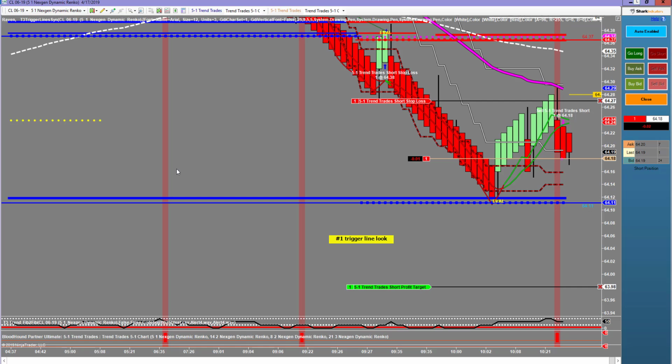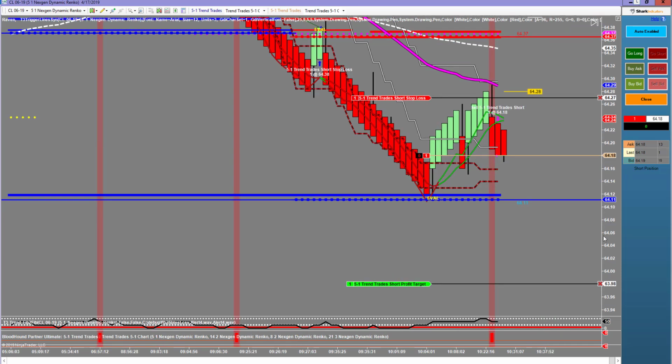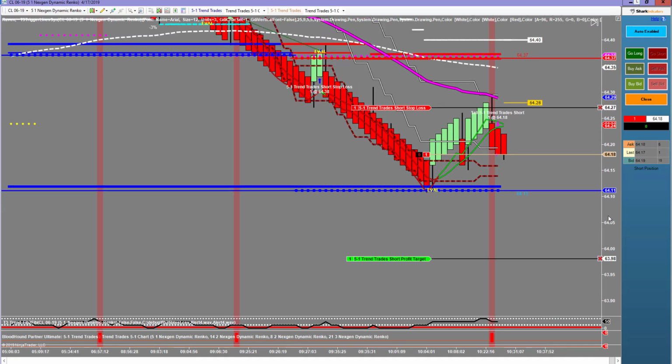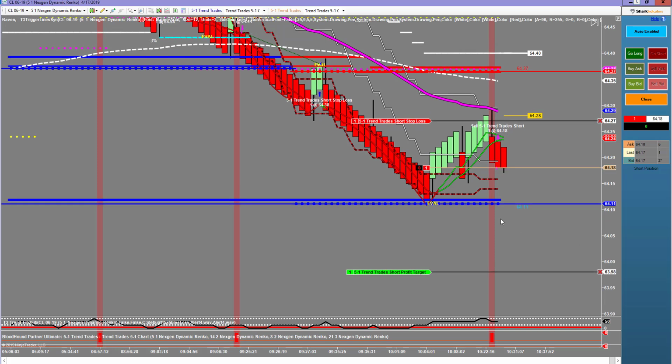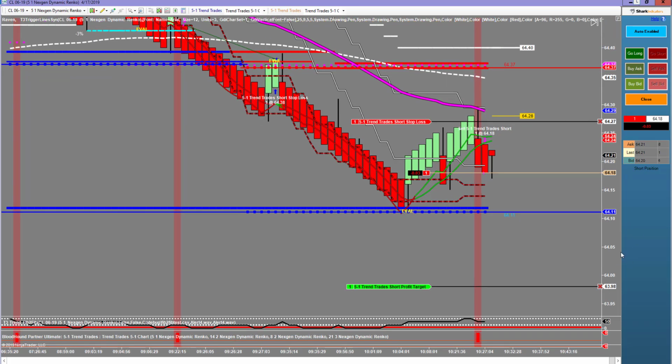Now, do you remember what our problem was with doing a trend trade short? This is a very graphic look right here. The reason we weren't going to be as successful with a trend trade short, potentially, is because we hit a bunch of Fibonacci support and we didn't get through it.